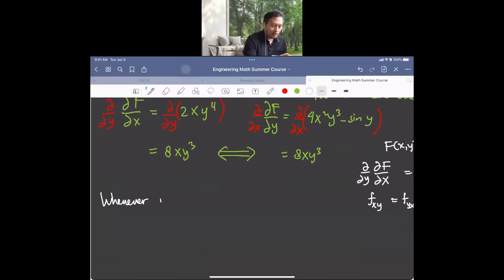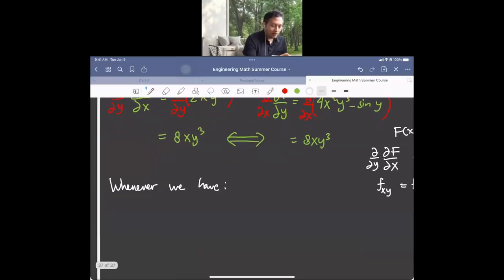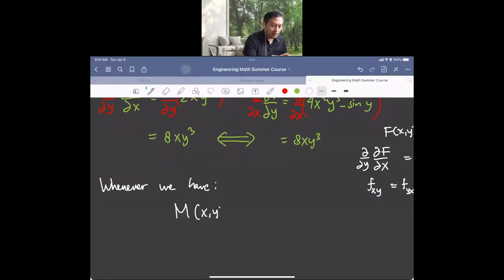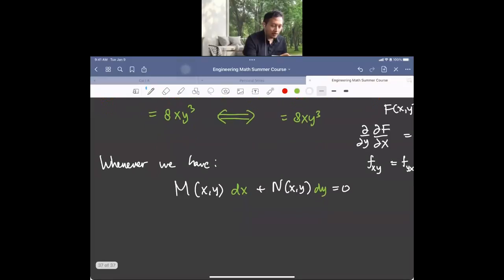So whenever we have M, I just write M as one component, and this is dx, plus N, this is dy, equal to 0, we need to check that ∂M/∂y is equal to ∂N/∂x.